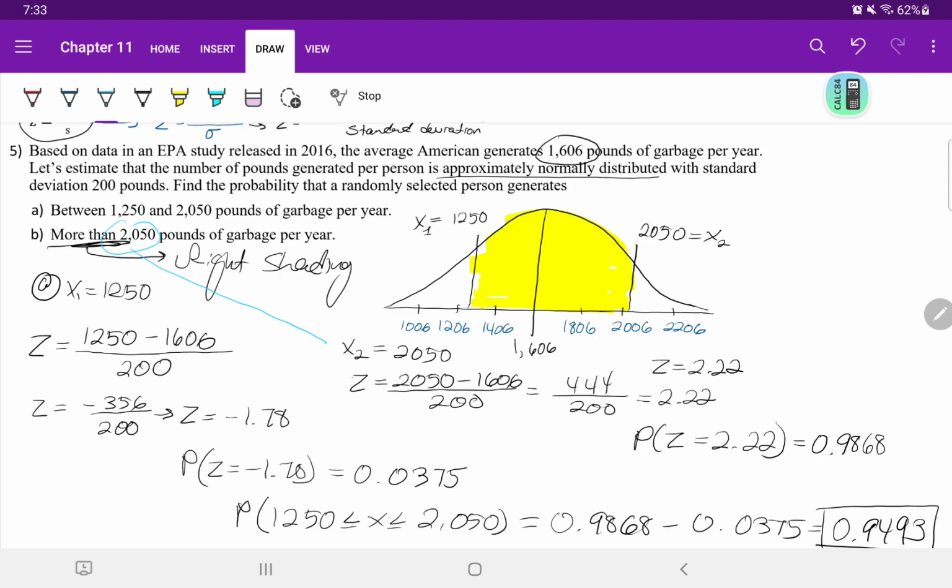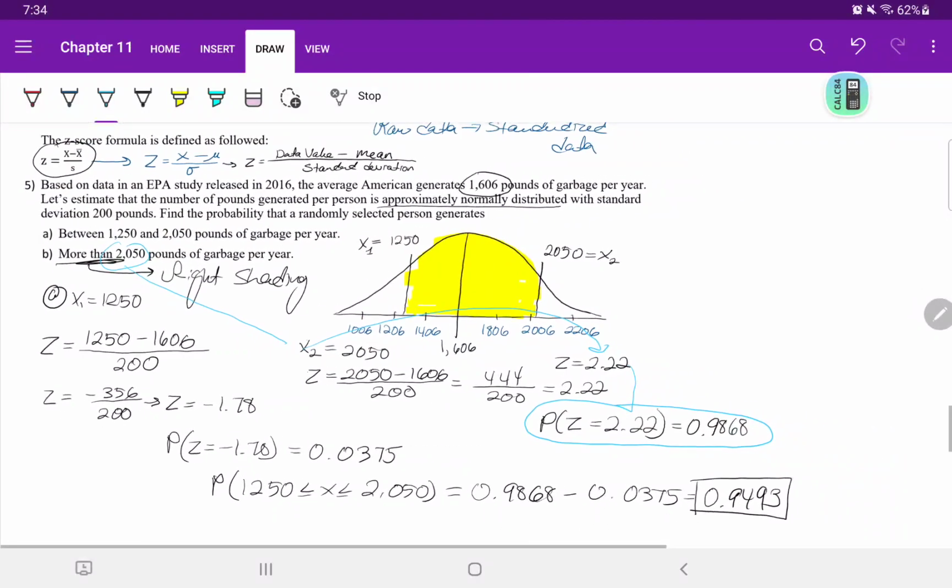The z-score for 2,050 pounds is 2.22. And the probability of the z-score of 2.22 is right here, 0.9868.